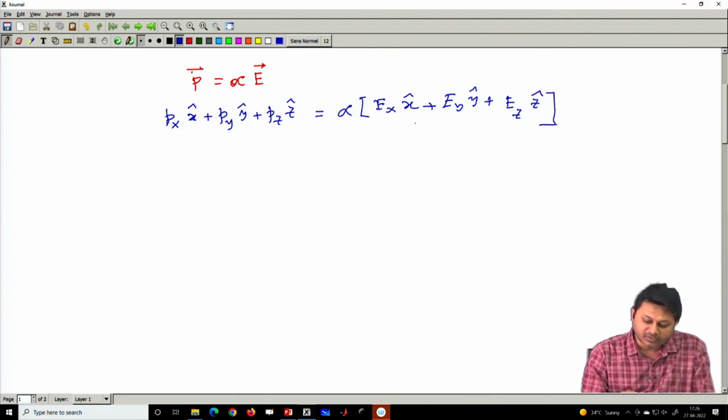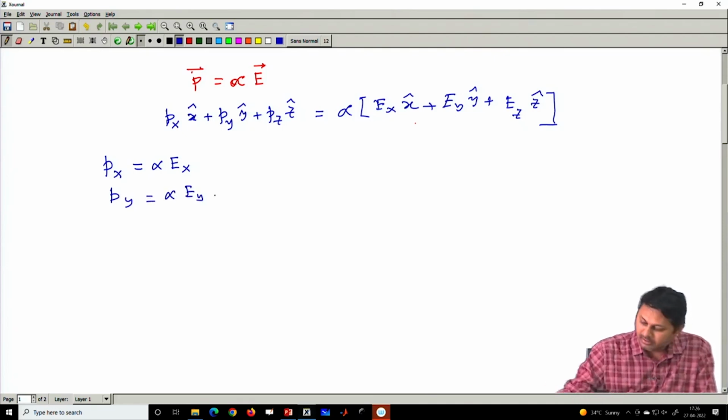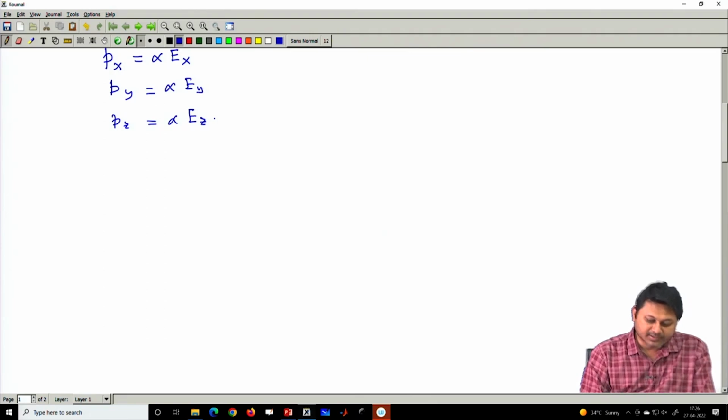That eventually means that Px is equal to alpha Ex, Py is equal to alpha Ey, and Pz is equal to alpha Ez. Component-wise they are the same.